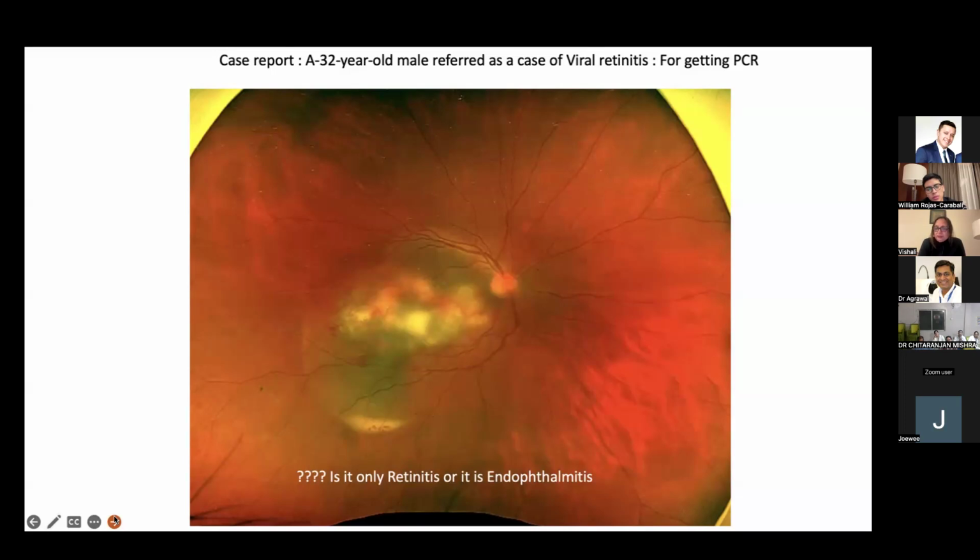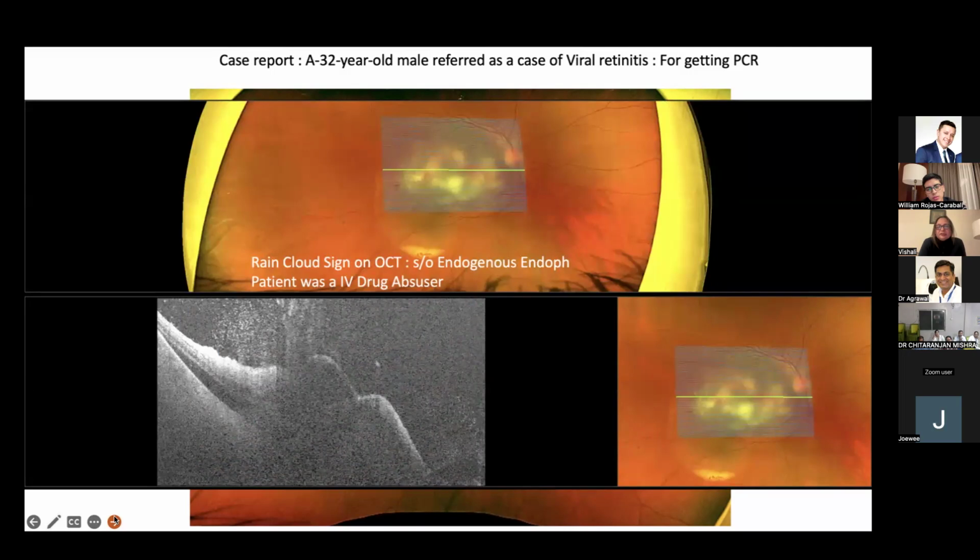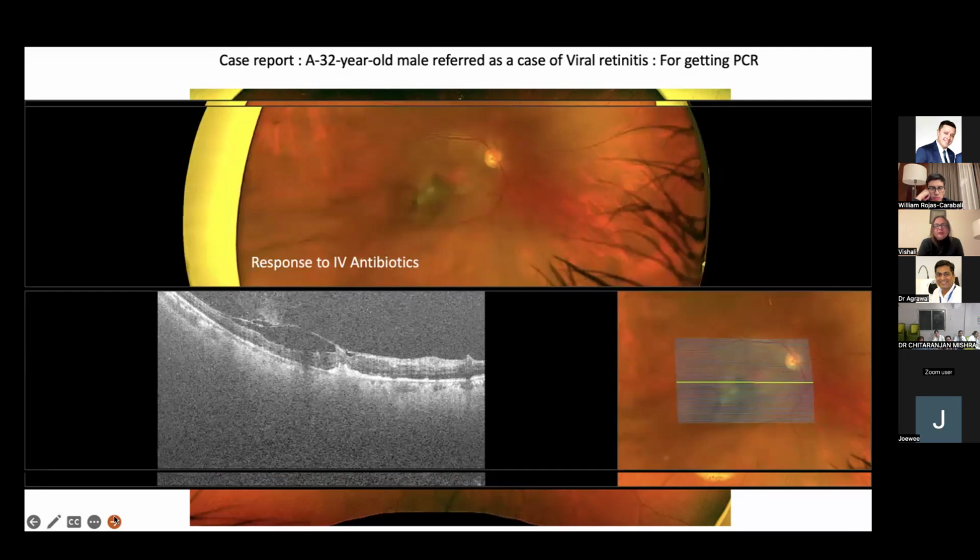So, is it only retinitis or is it endophthalmitis we are dealing with? So I did the OCT, and OCT shows the rain cloud sign, which is suggestive of endogenous endophthalmitis. And then the history shows that he was actually an IV drug abuser, and I just did vitrectomy and intravitreal antibiotics.